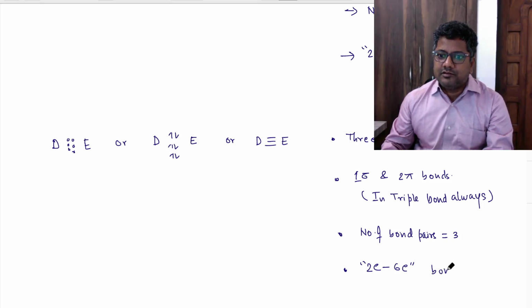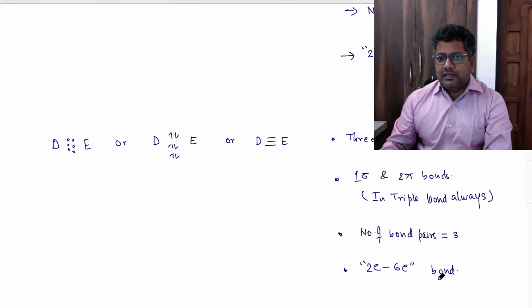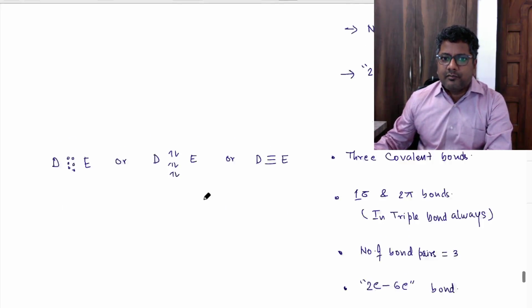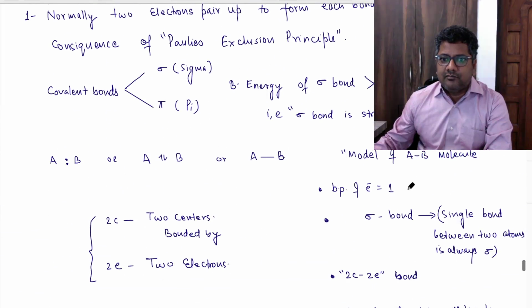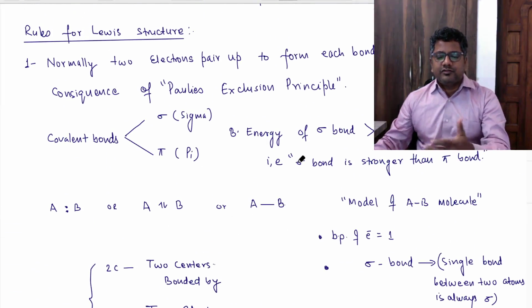So you can see that double bond or triple bond are multiples of this 2C2E. Normally two electrons pair up for each bond, so this is 2C2E.